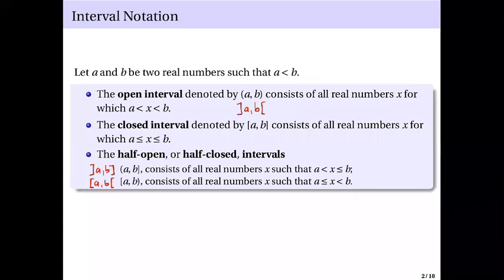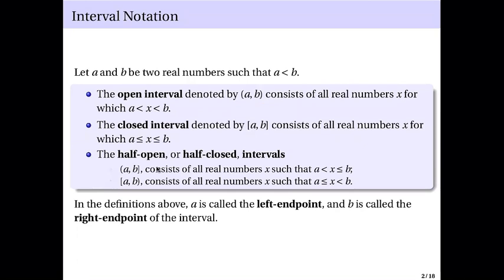But to avoid confusion on the use of those square brackets, let us use parentheses to tell us that it's an open interval, and the square brackets we use for closed intervals.